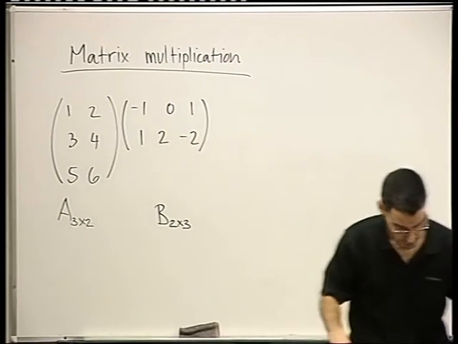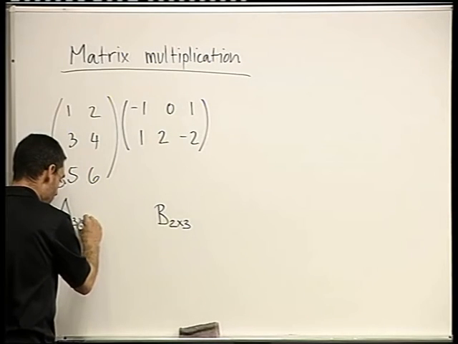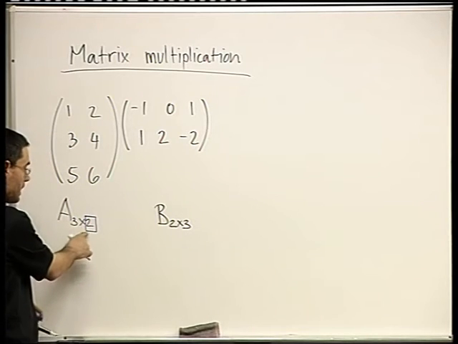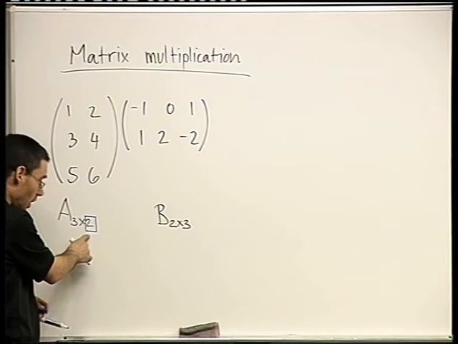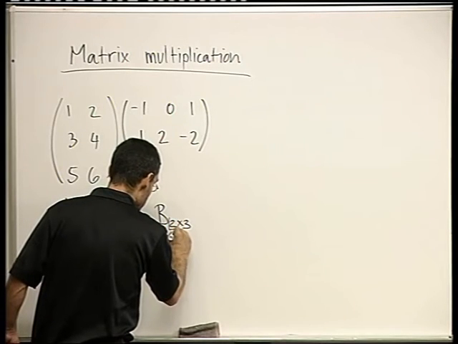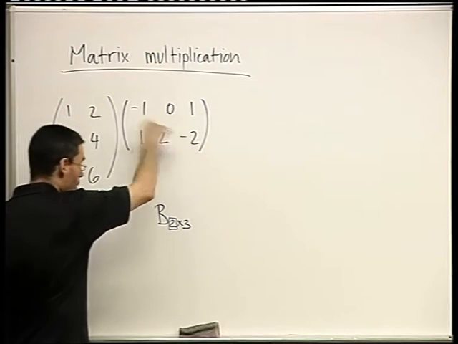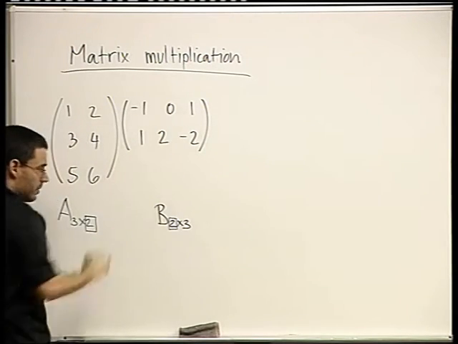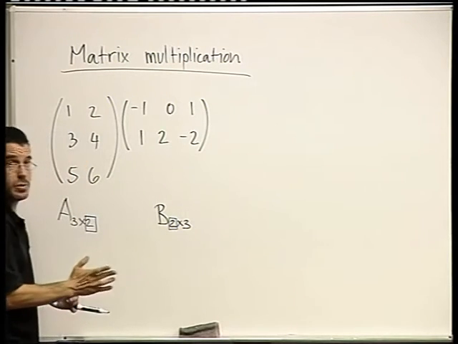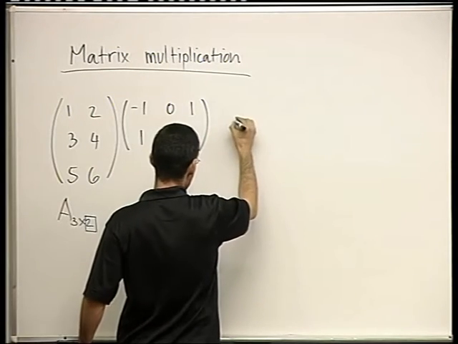What's important, matrix multiplication is going to be defined only when the second index of A, namely the number of columns in the left matrix, equals the first index of B, namely the number of rows in the right matrix in the multiplication. In this example, the 3 and the 3 coincide as well, but that's just coincidental. It doesn't matter. So what is the product?